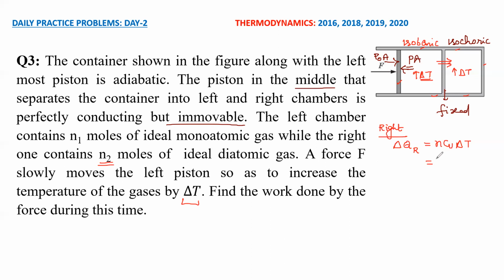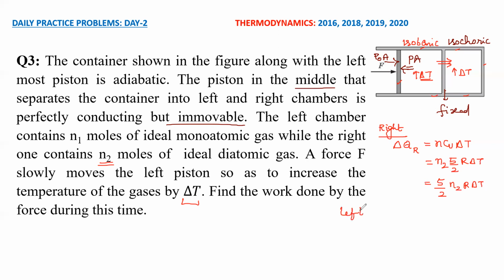And therefore, this is N2, and CV for that is 5 by 2 R into delta T. So the right chamber has received 5 by 2 N2 R delta T amount of heat from the left chamber only, because it cannot receive from anywhere else. So the left chamber has indeed delivered that much heat.